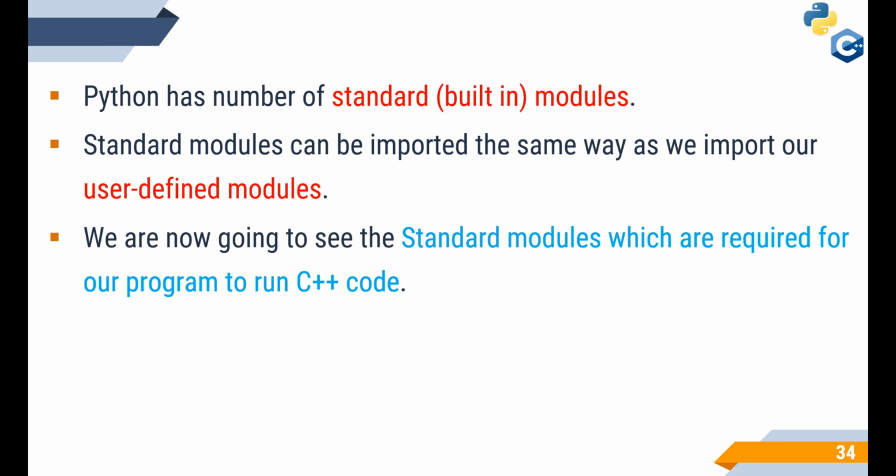Standard modules can be imported the same way as we import our user-defined modules. We are now going to see the standard modules which are required for our program to run C++ code.